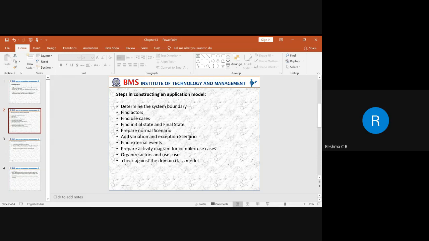For example, if I request a withdrawal of 5,000, but in my account I have only 5,000, I cannot draw all the amount because the minimum balance has to be maintained. So it goes for an initiation of the process. It will identify whether, after maintaining the minimum balance, the customer can withdraw the amount. If not, it will fail the transaction.